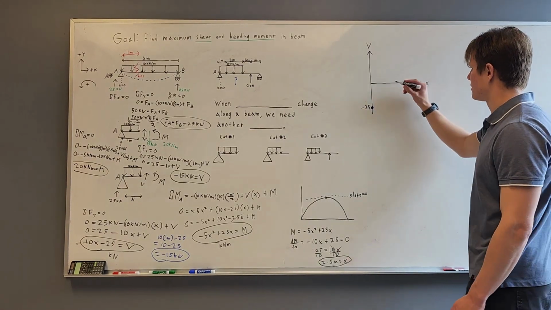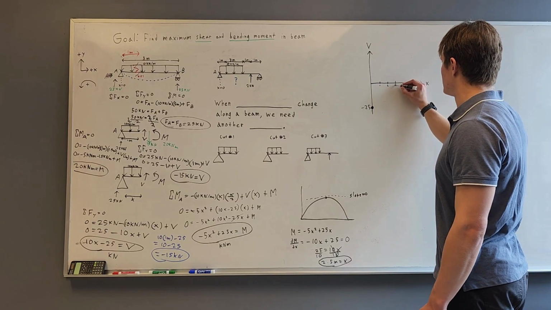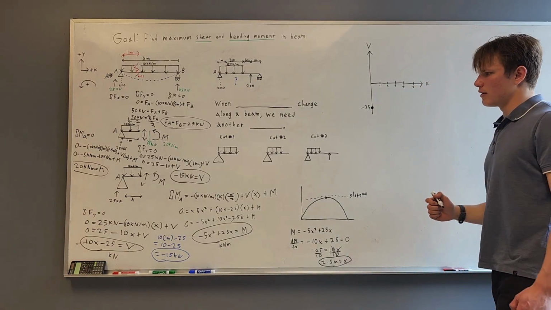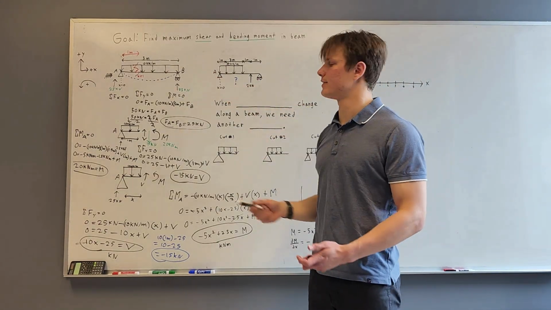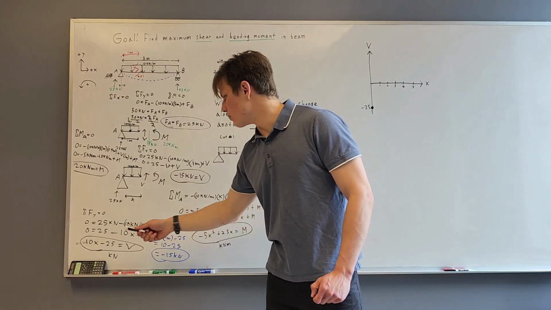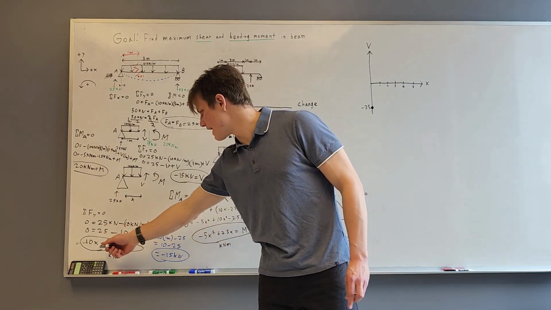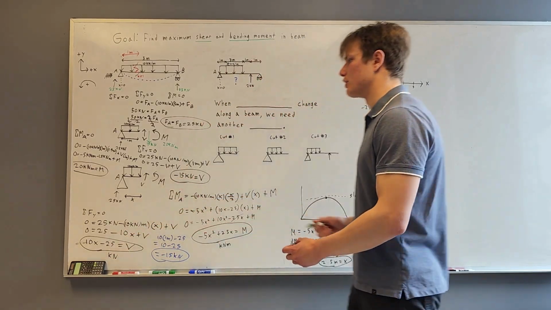And then I'll just label this axis as well. 2, 3, 4, 5. We can see at the opposite end of the beam, at x equals 5 meters, we will have 10 times 5, which is 50, take away 25, gives us 25 kilonewtons of shear at the opposite end.